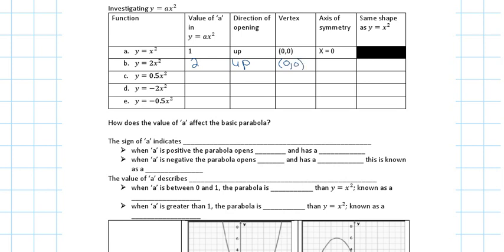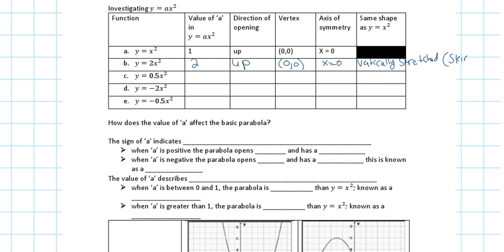Compared to the shape of x squared, how did you compare? It was skinnier, but we're not going to say skinnier. We're going to say it was vertically stretched. I'm just going to put it in bracket. Don't write it on a test. I just want you to remember why.